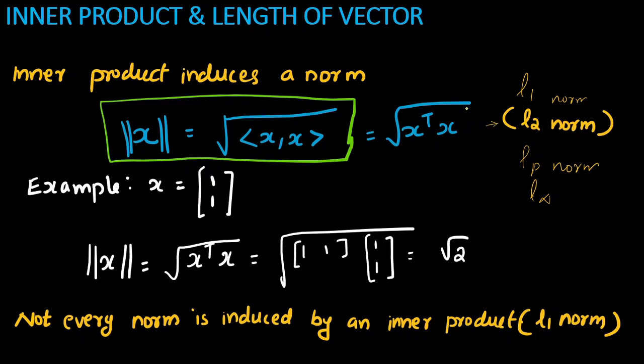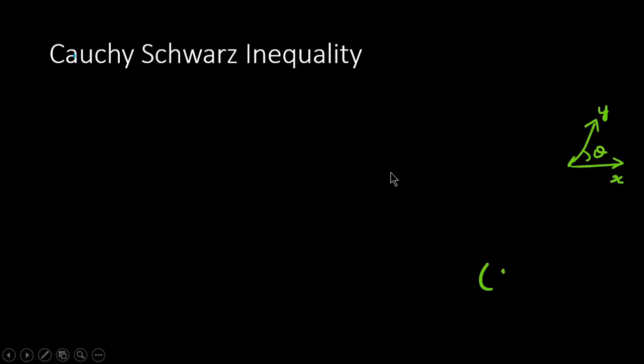If we use some other inner product, we may get something else. So not every inner product gives you the L1 norm, or the L2 norm. Then we have to look at the Cauchy-Schwarz inequality, which relates the inner product and the norm of the vectors.